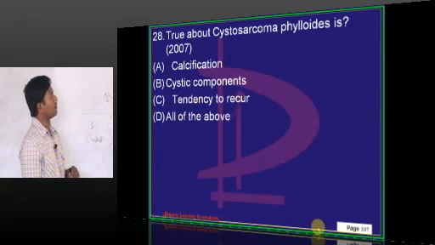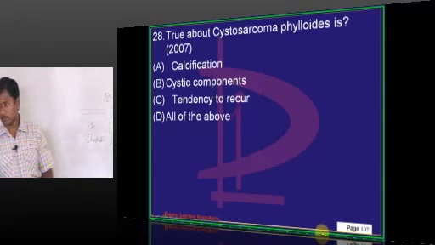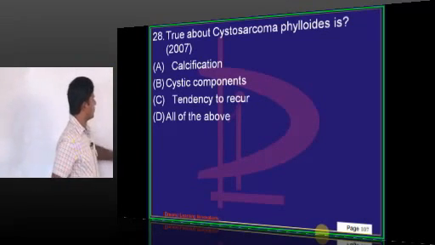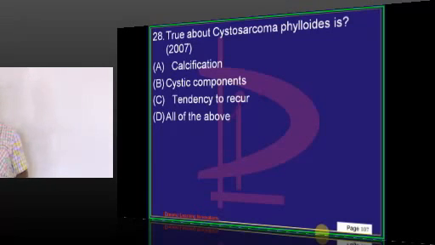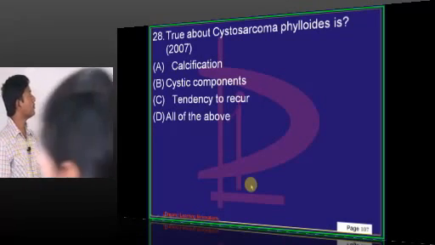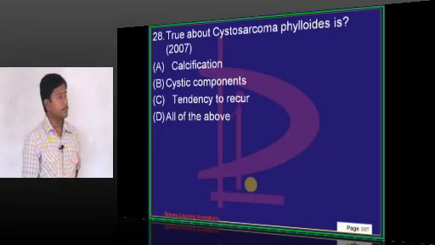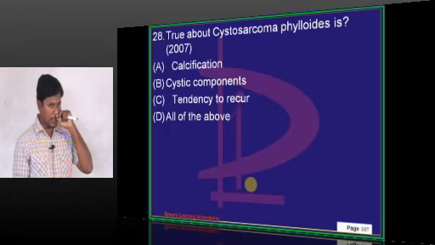True about cystosarcoma phyllodes. Which of the following is true about cystosarcoma phyllodes? Cystic components, tendency to recur, calcifications, all of the above.